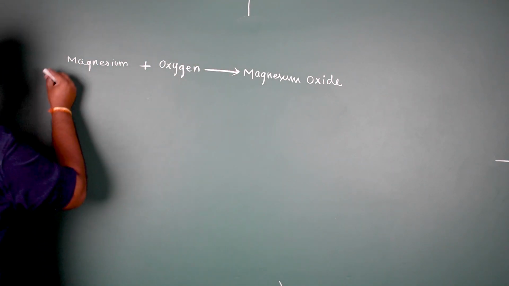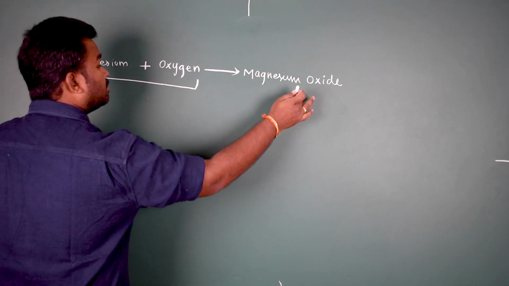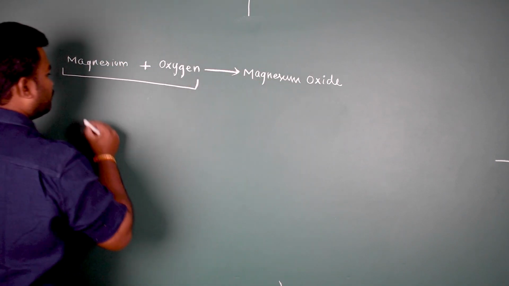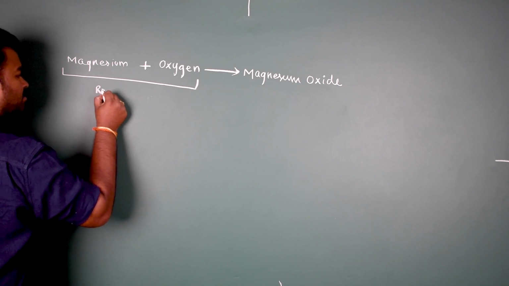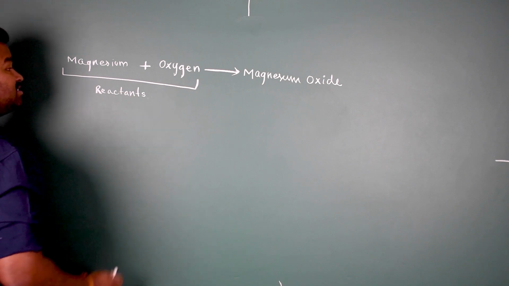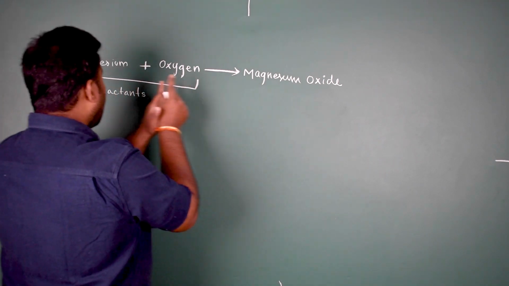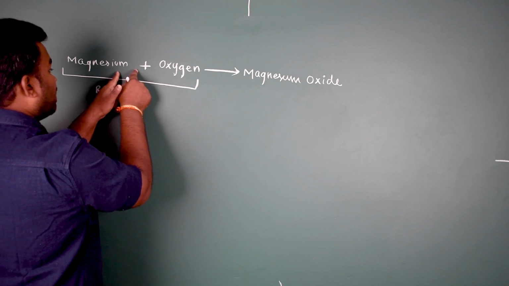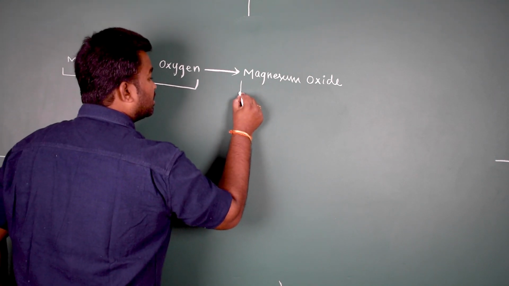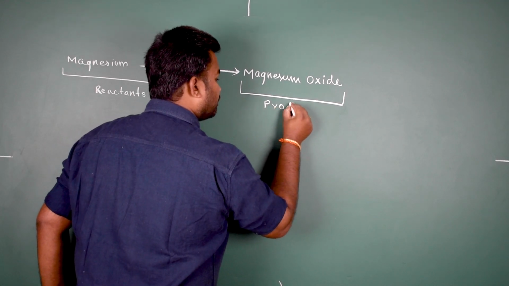The substances that are combining together to form that new substance are referred to as reactants, whereas the new substance that is formed after reactants combine with one another is known as products.